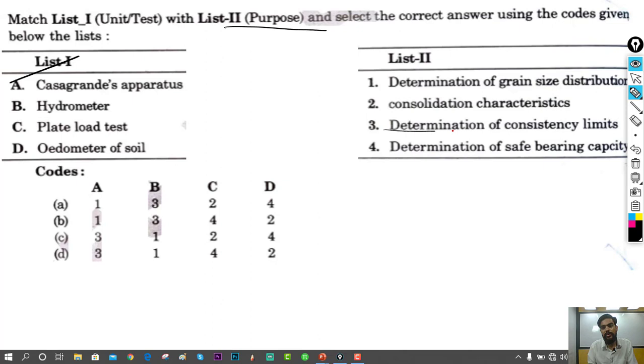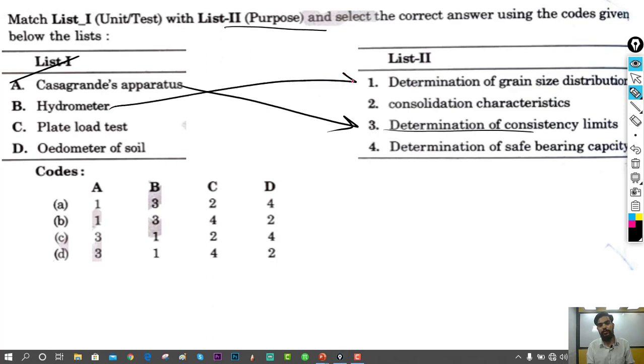Yes, here is determination of consistency limits, so we can match this with option 3. B is hydrometer. Guys, always remember hydrometer and pipette are used for grain size distribution. So we can say that hydrometer is used for determination of grain size distribution. So B is matched with 1.